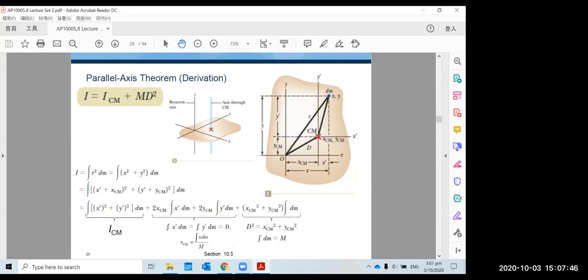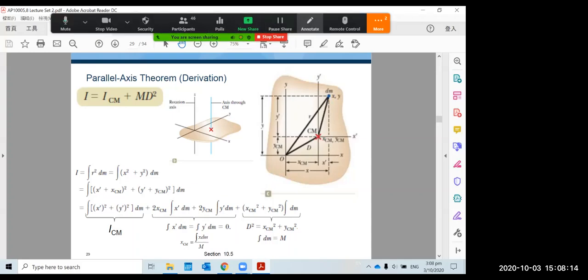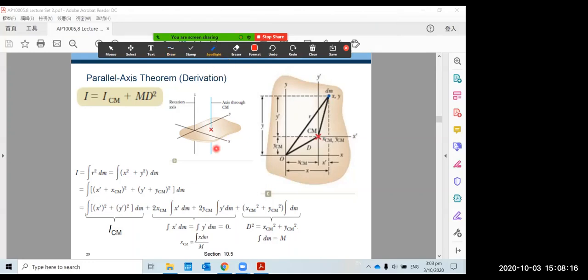You have a plate, just to make it simple, a plate that is rotating about the z-axis. The z-axis is the axis of rotation right now. The moment of inertia for this object rotating about the z-axis is I. The moment of inertia for the same object rotating about its center of mass is I_CM.